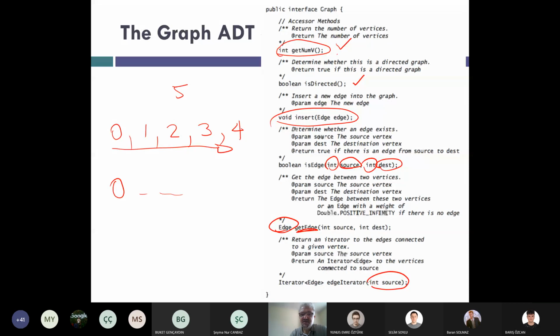Edge should be defined. It includes 3 data fields, as I said. For example, to be able to insert an edge, we should provide an object of type Edge to the insert method. Also, the edge iterator here is of type Iterator of Edge.